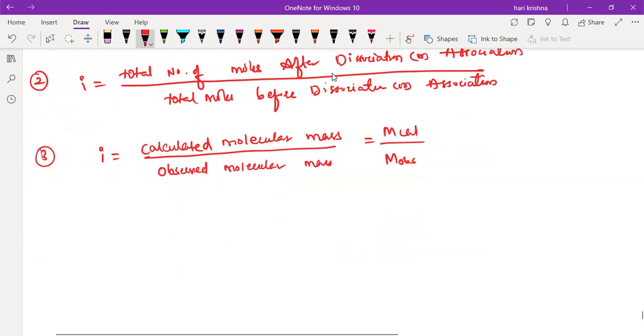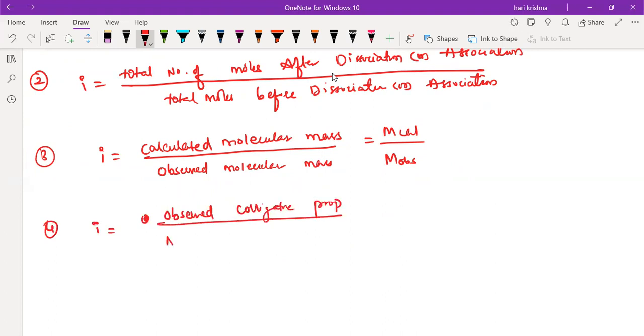Next, fourth one. i is equal to observed colligative property to normal colligative property.